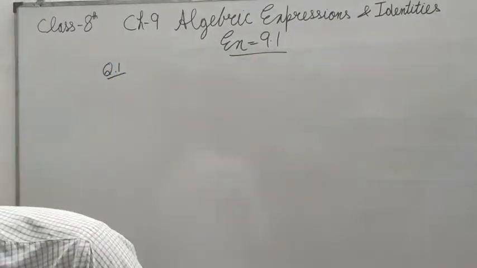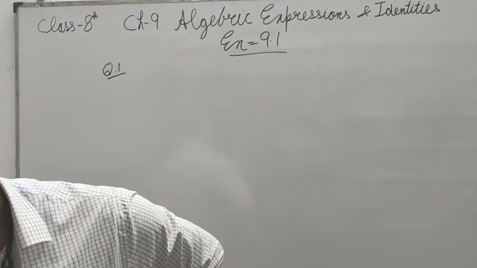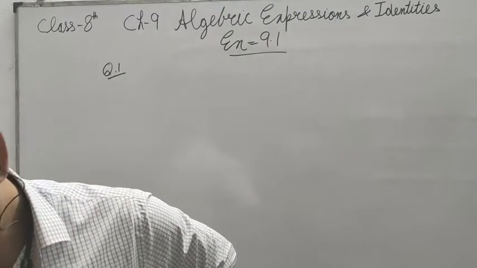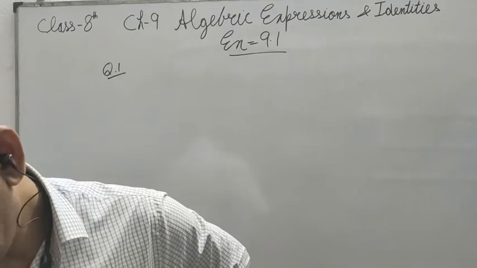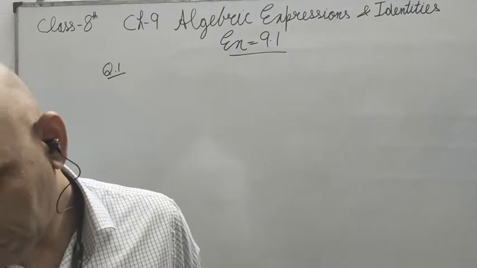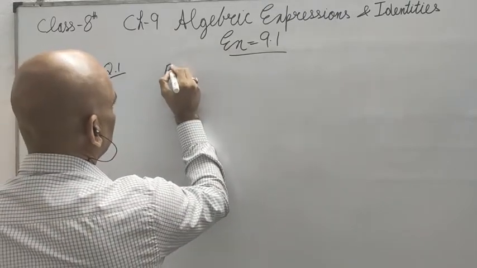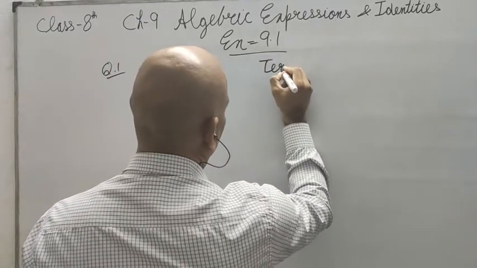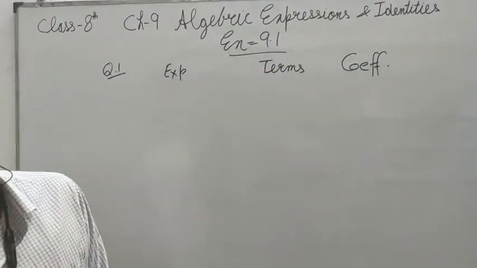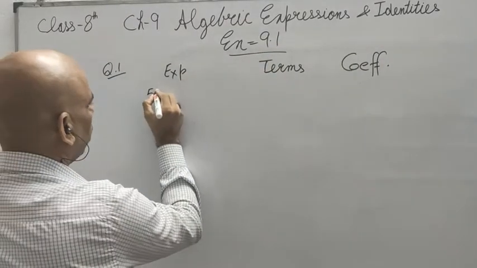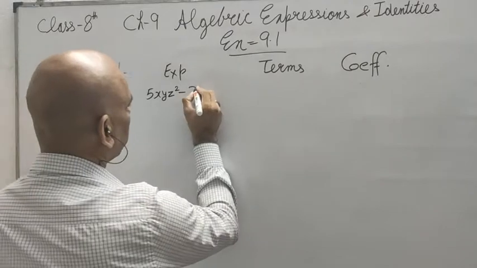What is question number 1 saying? Open your book. Identify the terms and their coefficients for each of the following expressions. You will have to identify which are the terms, and then the coefficients. So the first expression is 5xyz square minus 3zy.